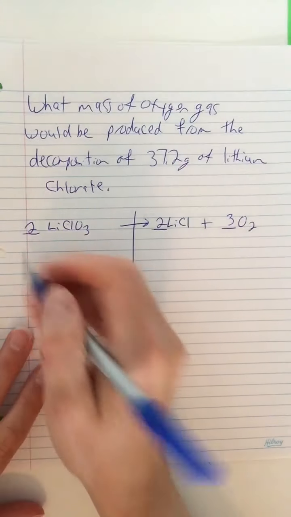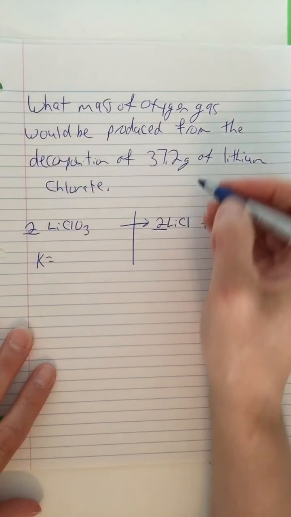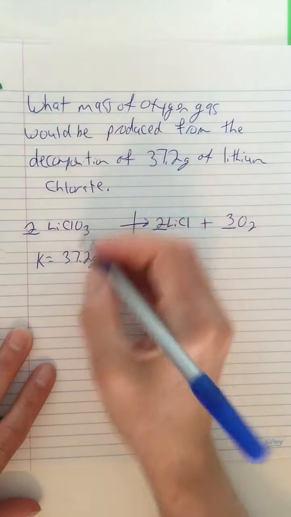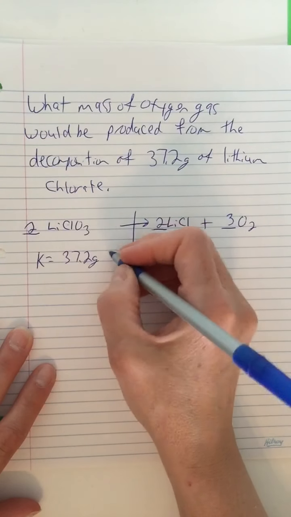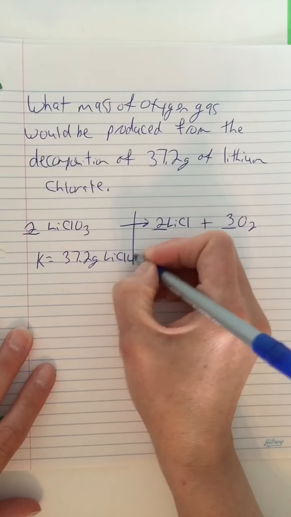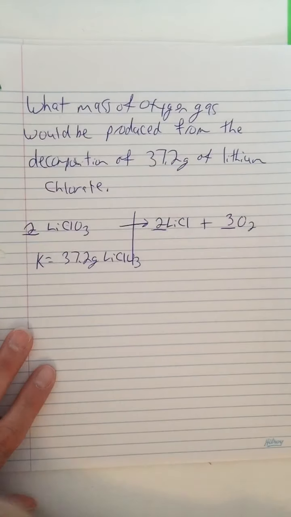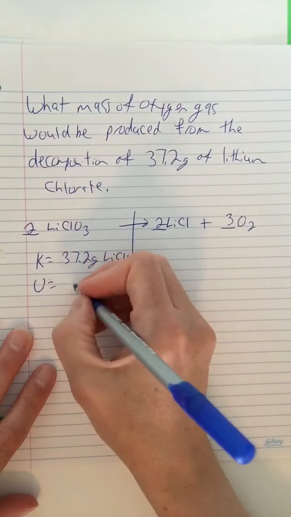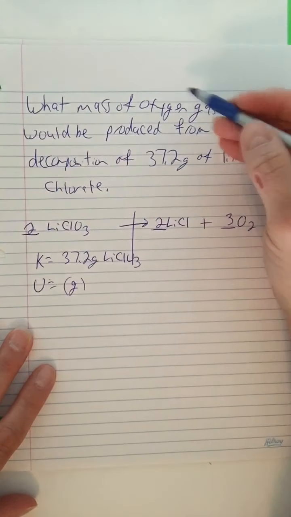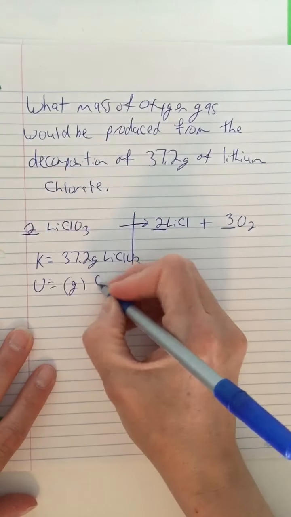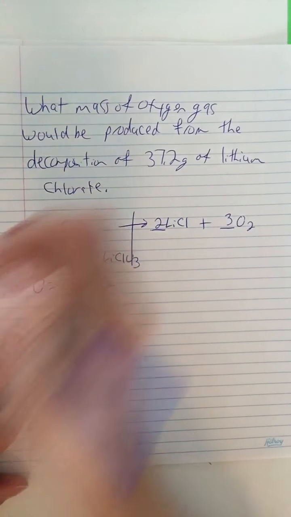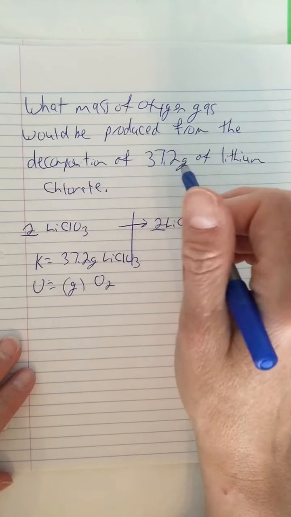So let's write down our known. Our known is 37.2 grams of lithium chlorate, which is LiClO3. Okay, our unknown, what did it ask us for? What mass, so grams, of oxygen gas, grams of O2, would be produced from the decomposition of 37.2 grams.